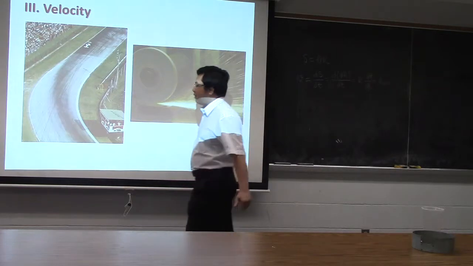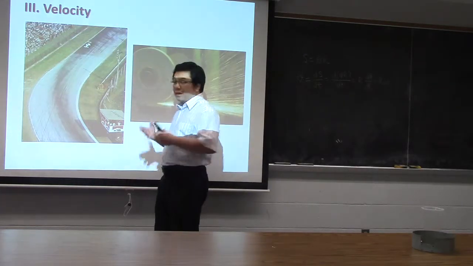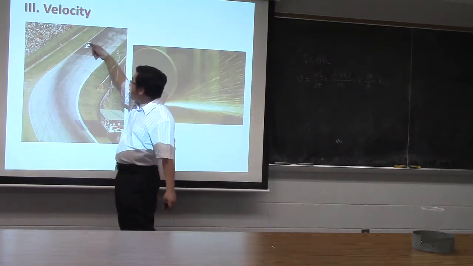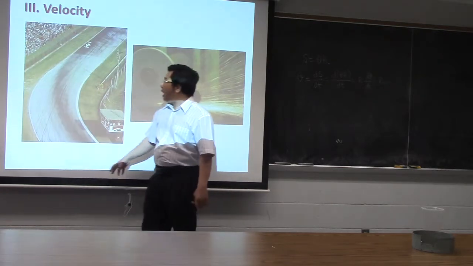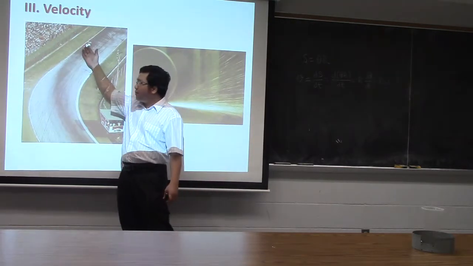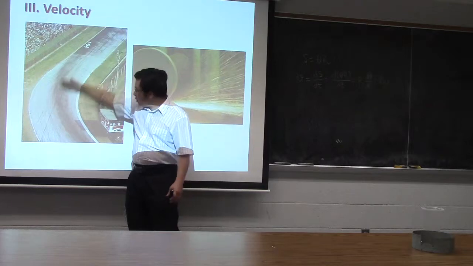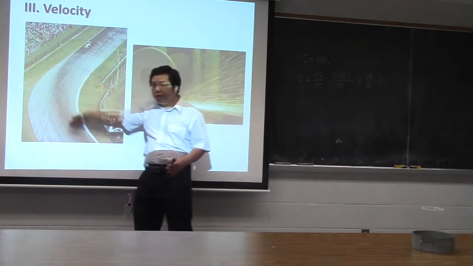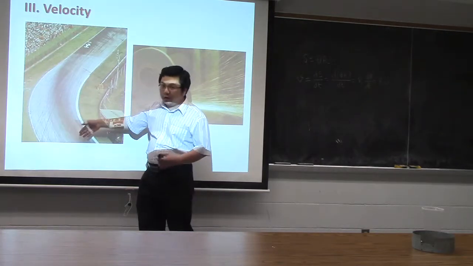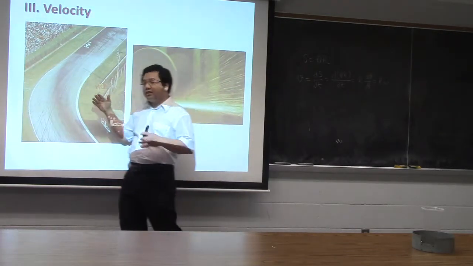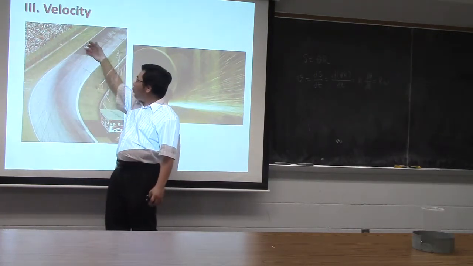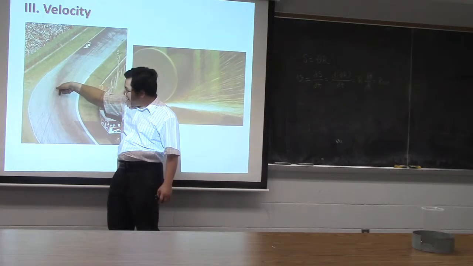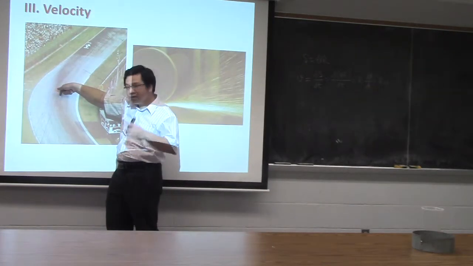Here are some real-life examples of that property. A race car approaching a corner, and because of friction between the wheels and the road, it can make a turn at the corner. But if that friction is not large enough, then the car will travel with whatever speed it has, in the same direction, at the same speed.